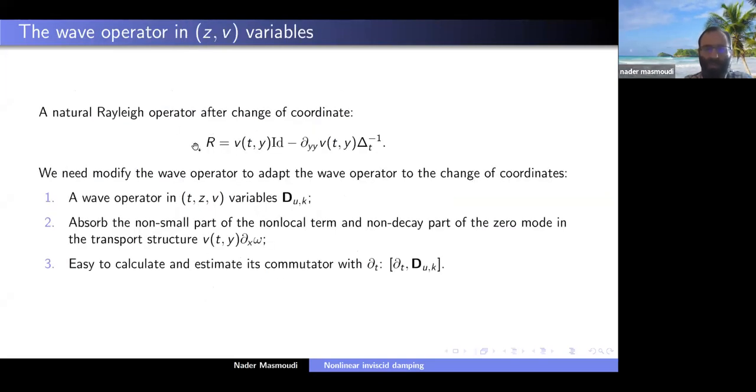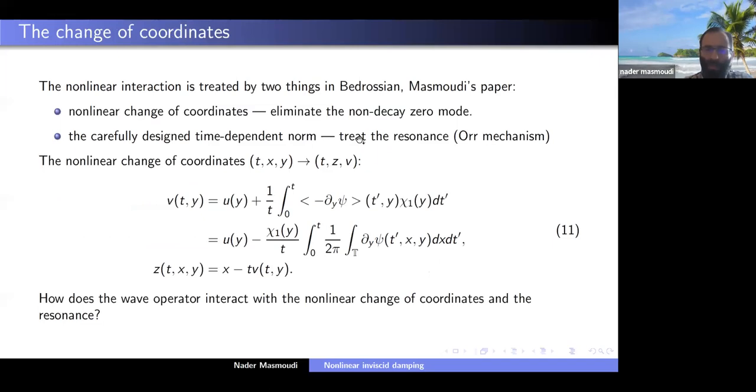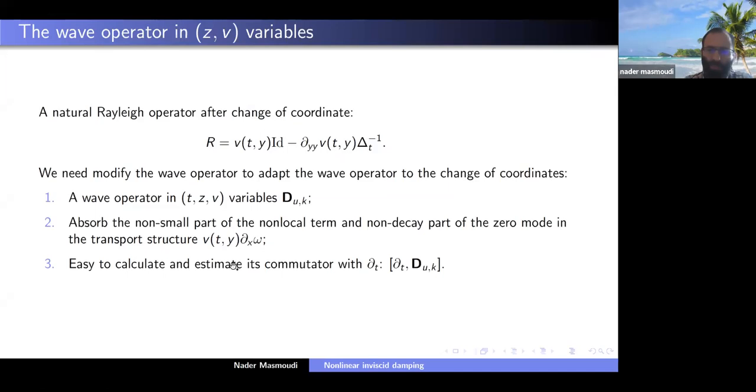So this is my new R, but in the v variable. What I call Laplacian t here is just the Laplacian in the zv variable. When I go to the zv variable, the Laplacian in xy becomes the Laplacian t that you see here.